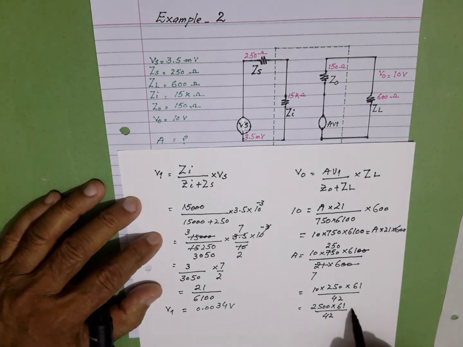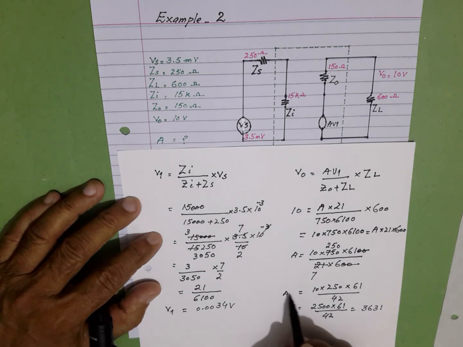If you divide it, we get 3631, and this is nothing but our A. A now is approximately 3600.